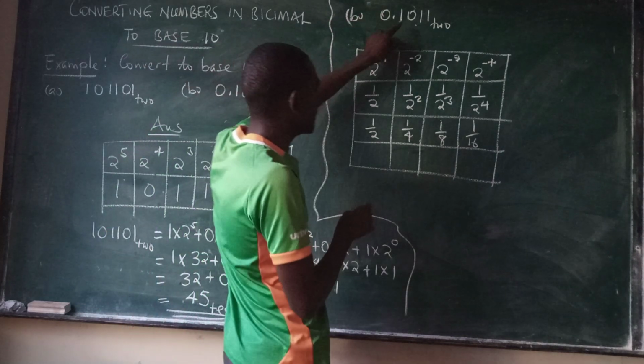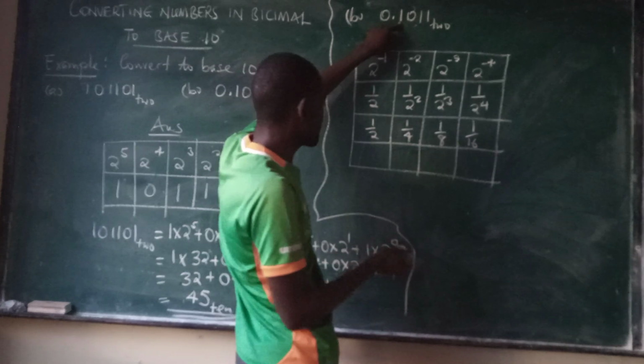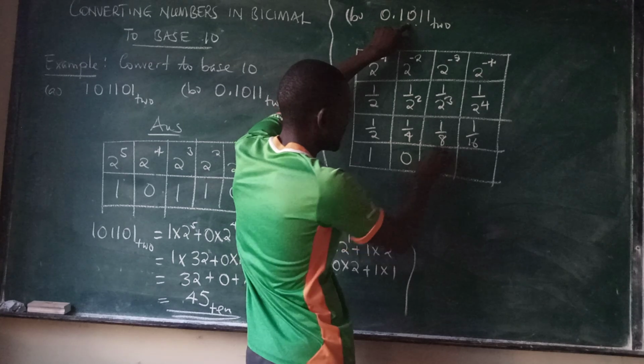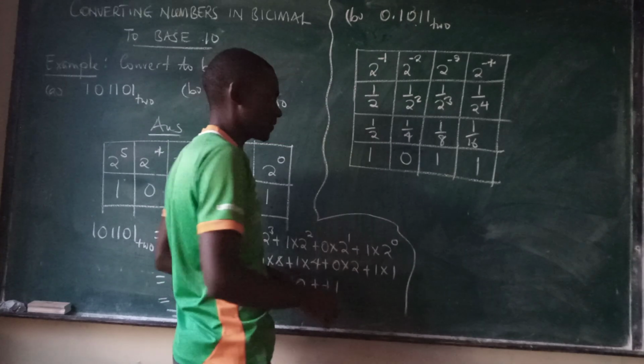The first bicimal place is this one. So we put 1 here, 0 there, 1, 1. And now we can use just this to multiply.